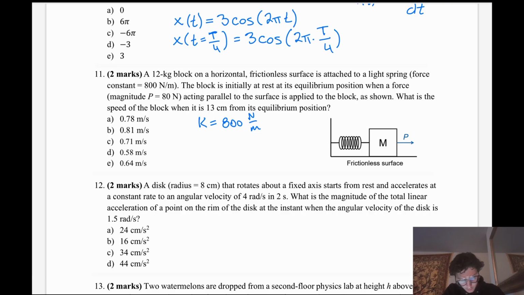What is the speed of the block when it's 13 centimeters from its equilibrium position? So this delta x, how much you displace it, is 13 centimeters, which I'm going to convert to meters, 0.13 meters. And then F is equal to, but this feels weird. Why are they giving us a force? And how do we get speed out of this?